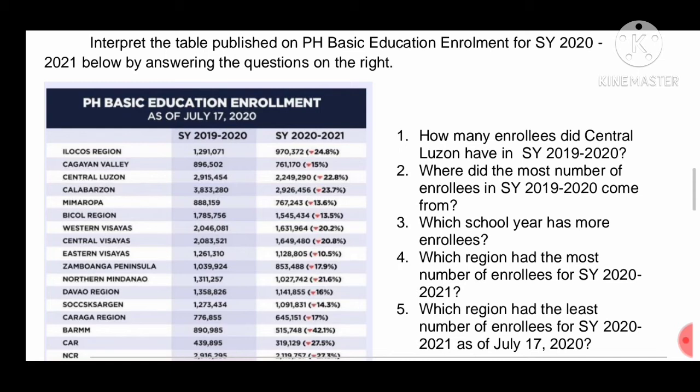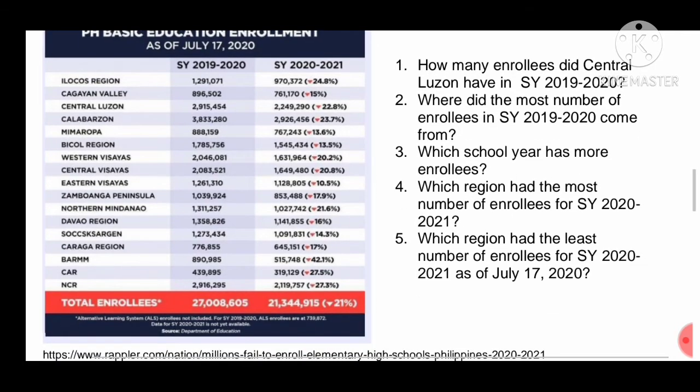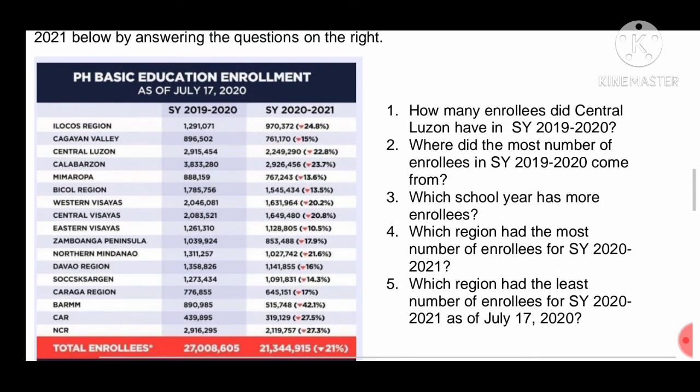Number 1. So I will explain the table first. So the table consists of the PH Basic Education Enrollment as of July 17, 2020. So in the first column are the different regions in the Philippines. And the second column, the school year 2019-2020.